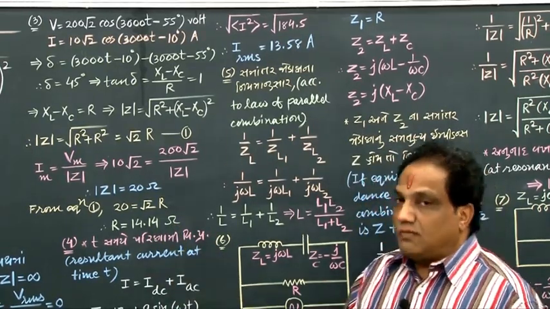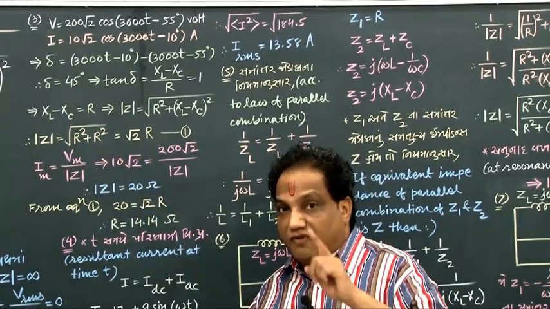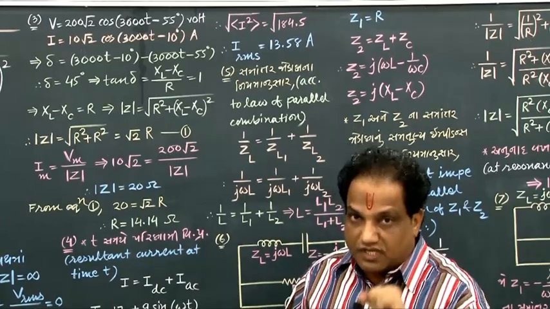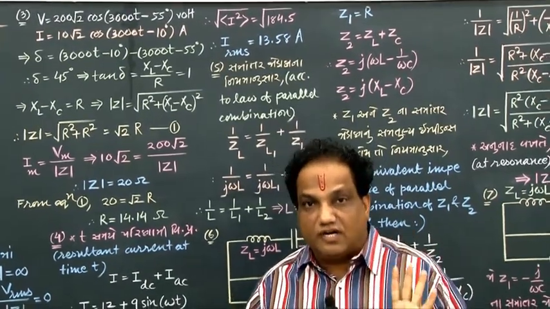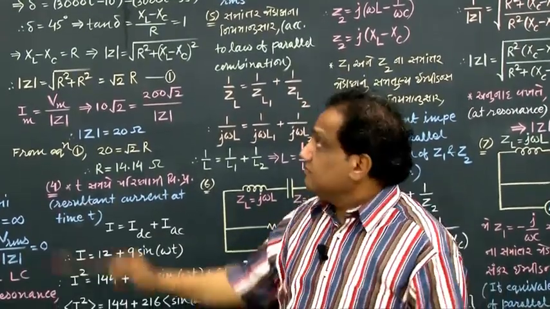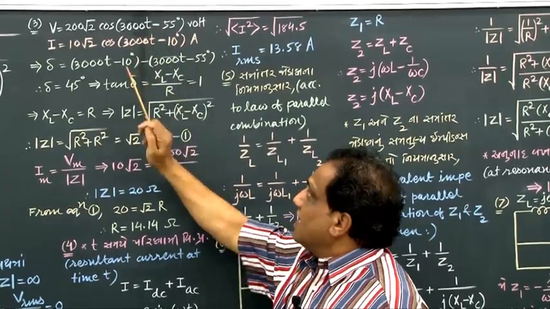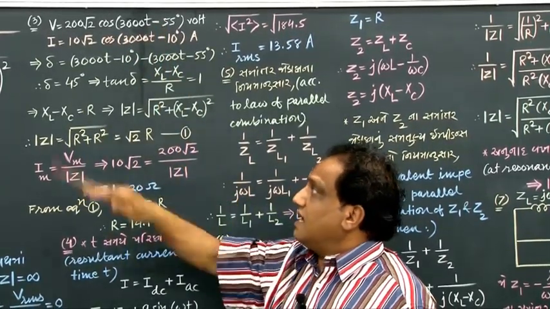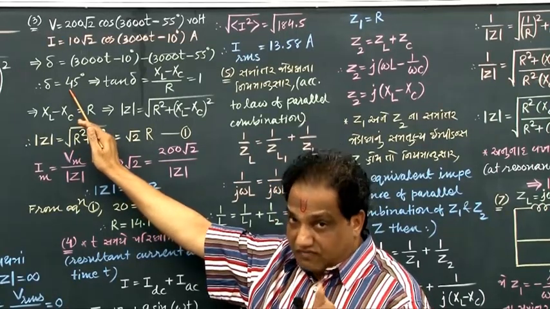Here, some of you might be thinking that this delta is actually the phase difference between voltage and current. So you should take phase of voltage first minus phase of current later on. If you do that here, then you should take this phase minus this phase. And if you take this minus this, then the delta value will come out minus 45 degree.